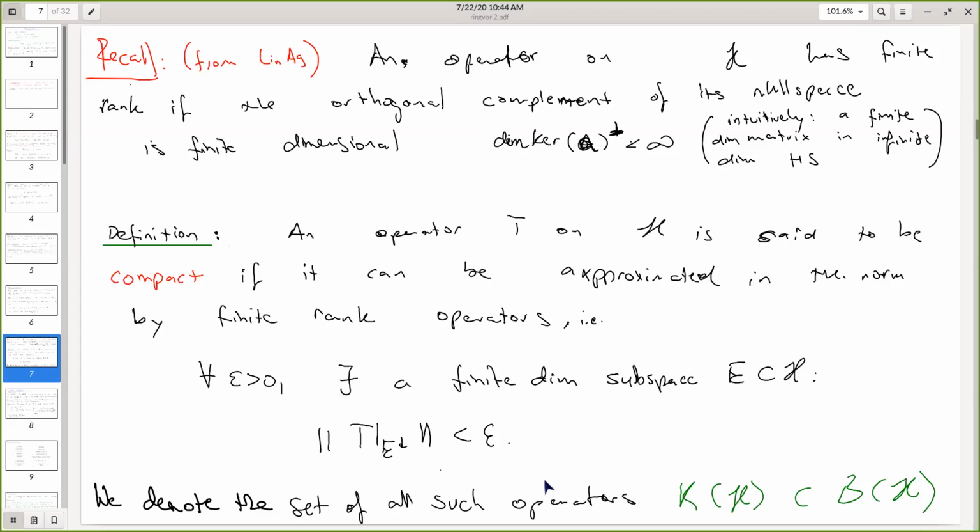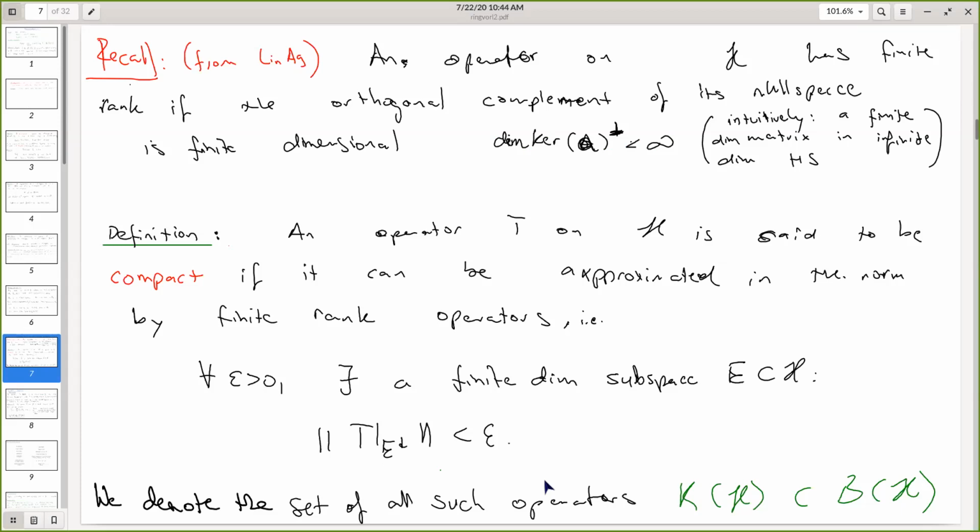Intuitively, that means it is equal to a finite dimensional matrix in an infinite dimensional Hilbert space, right?